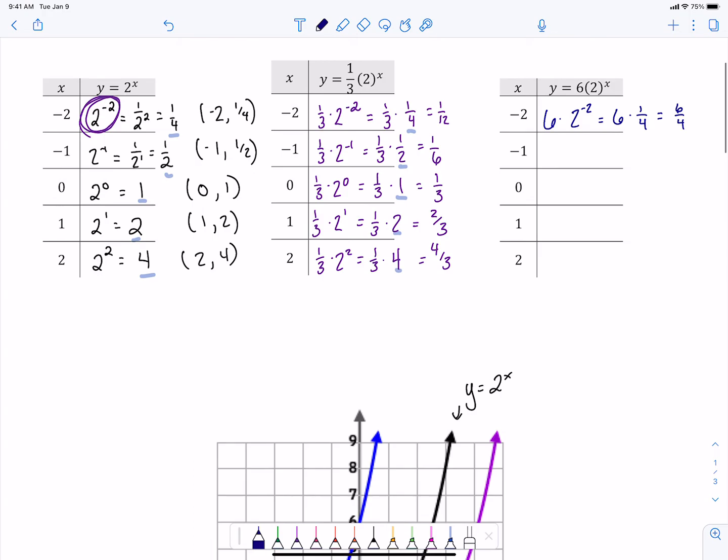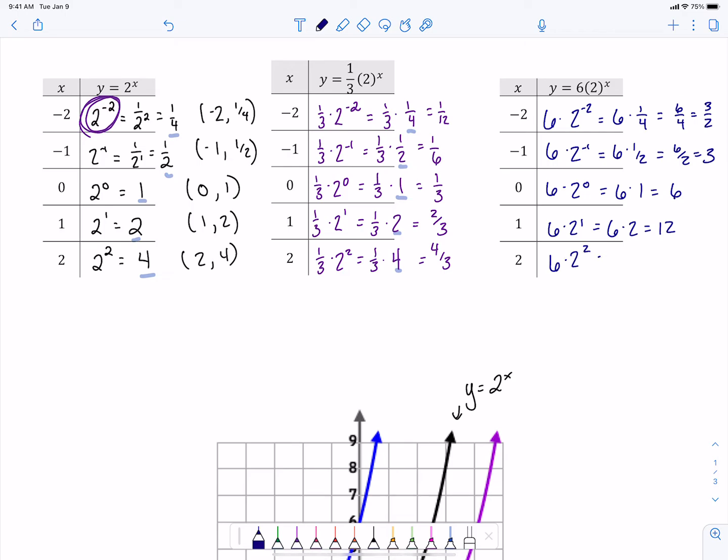We can reduce that, and that's going to give us 3 over 2, so 1.5. And then we're going to get 6 times 2 to the -1, so 6 times 1/2, which is 6/2, so that's 3. 6 times 2 to the 0 is going to give us 6 times 1, which gives us 6. 6 times 2 to the 1. Oh, this is probably going to be off of our graph. That's going to be 12.